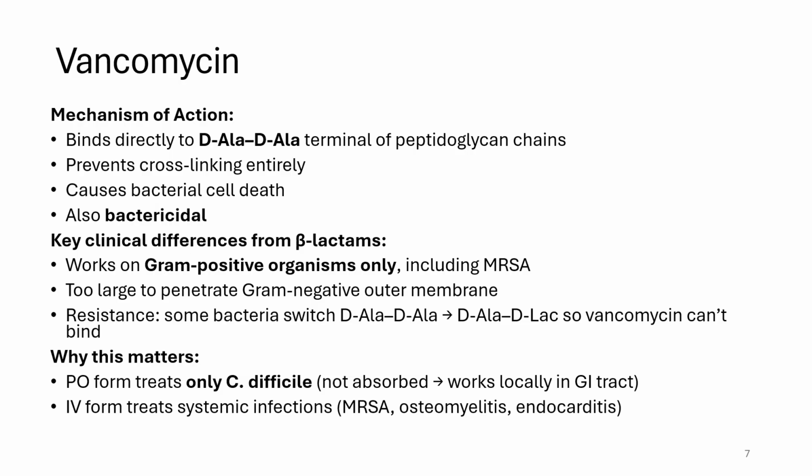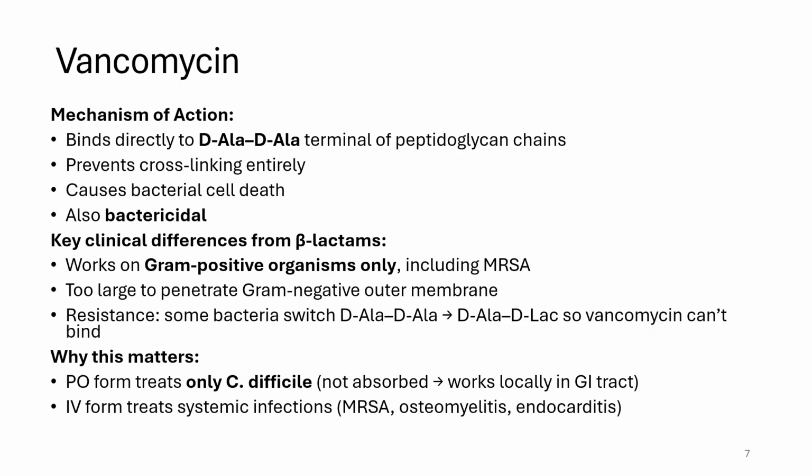Some of our differences from beta-lactams: vancomycin works only on gram-positive organisms, including MRSA. It is too large to penetrate the gram-negative outer membrane. Resistance occurs when bacteria change the binding site from D-ala to D-ala D-lac, and that prevents vancomycin from binding.